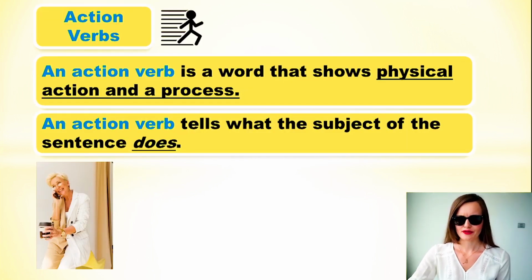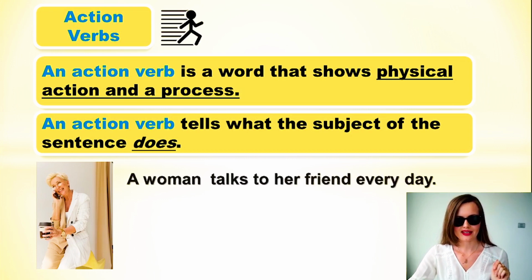What are action verbs? An action verb is a word that shows physical action and a process. An action verb tells what the subject of the sentence does. Let's take a look at this example. A woman talks to her friend every day.